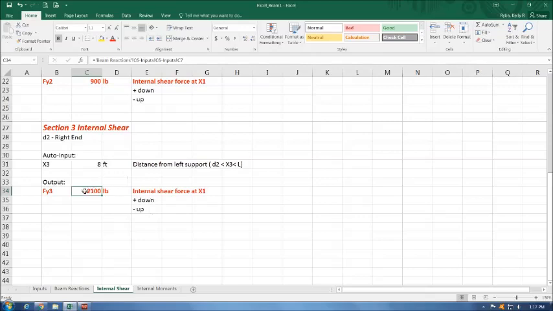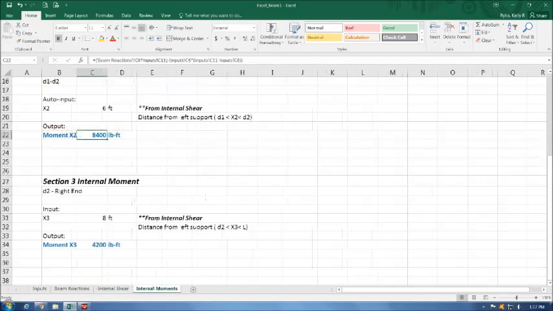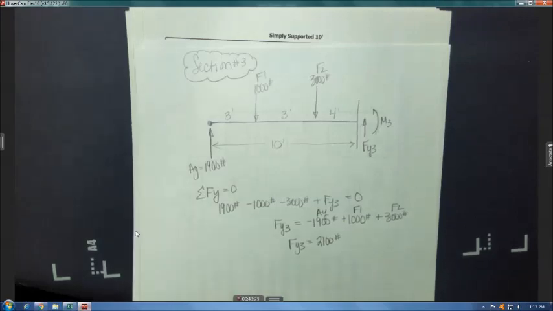So even though if you set this up and you have a negative number there, that's okay. That just means internally it went up rather than down. The positive or the negative doesn't mean it's greater than or less than 0. It just gives you your direction. Okay? So 2,100 there.